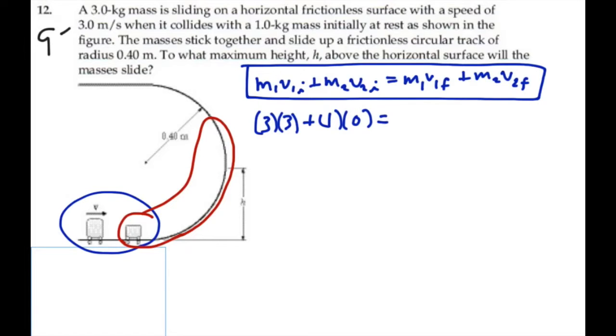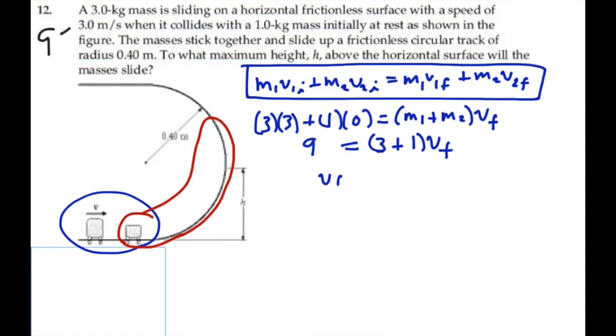And we're going to see that these masses stick together, so really we're going to have mass 1 plus mass 2 with one common final velocity. V1 final and V2 final will be the same. So we have 3 times 3, 9, is equal to mass 1, 3, plus mass 2, which is 1, times V final.